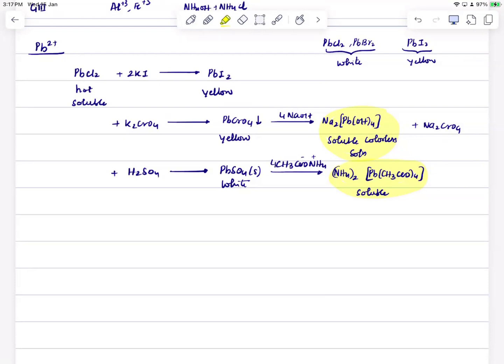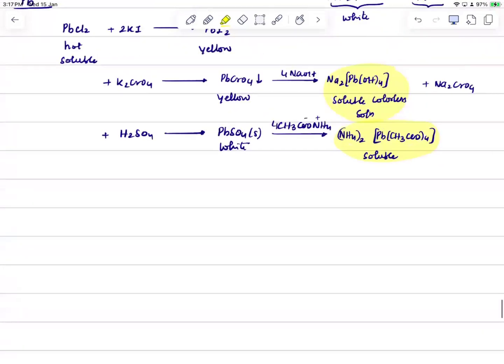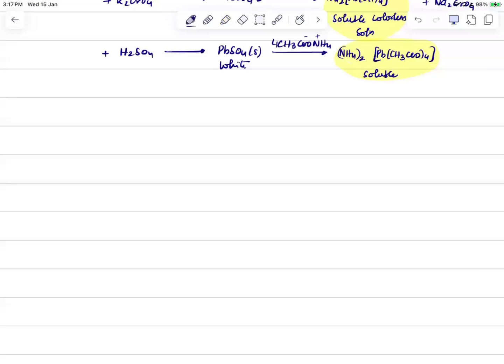Next, in the case of the second group, where Pb2+ is again used, this time we have a precipitate of PbS. What reactions should you see?